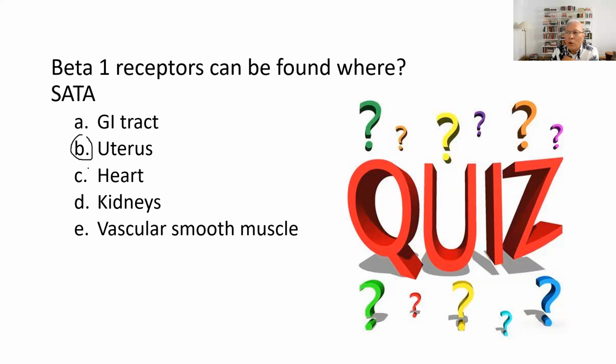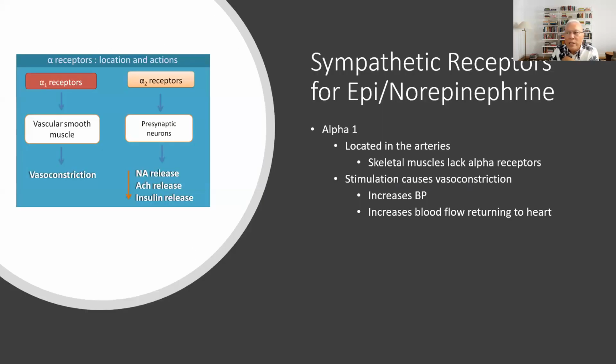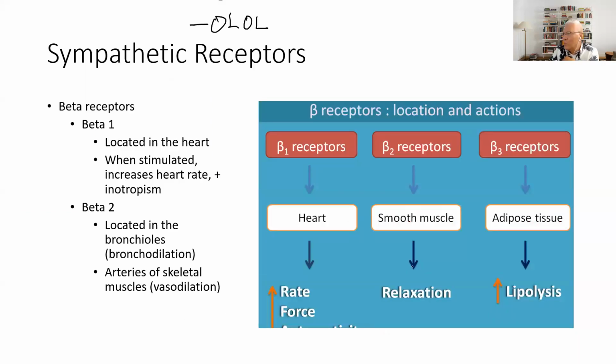It is also, of course, abundant in the heart, as well as the vascular smooth muscles and the kidneys. So all these actually are going to be where beta-1 receptors are. But I only emphasize actually the location in the heart. Okay, so right here, beta-1 receptors are going to be located in the heart. That's what I emphasize, right?